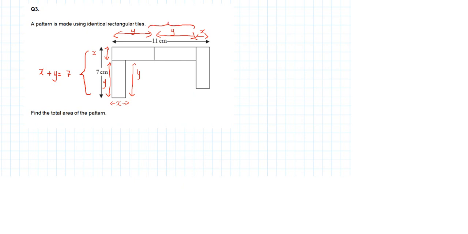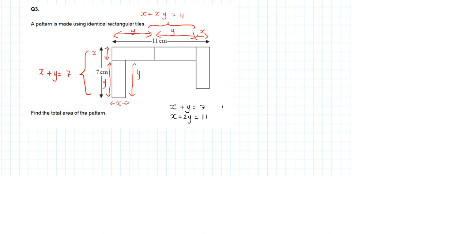So we can say 2y plus x, or x plus 2y, equals 11. So we have two equations: x plus y equals 7 and x plus 2y equals 11.